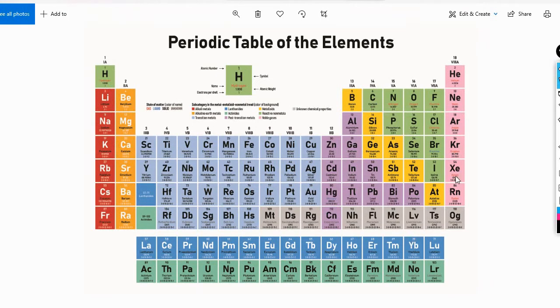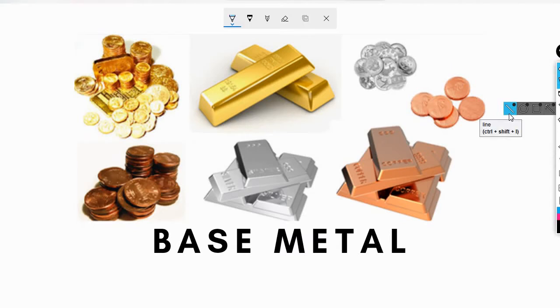Okay, let me ask you a very important question. In the last session we said that all the elements are made up of atoms, and each atom has the same properties as the whole material or element. For example, if we have gold, now that is gold.